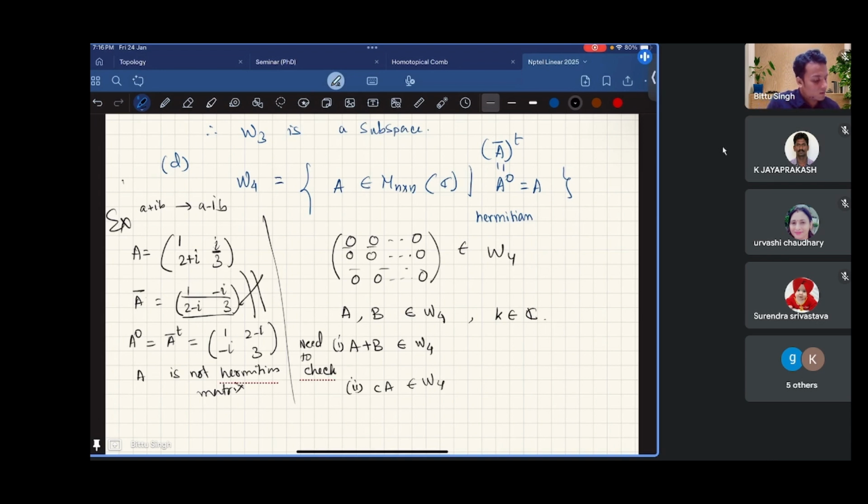We have already said that checking those two things is equivalent to checking K A plus B belongs to W4. So we can check one of the things, whichever is easier for you, just check any of these conditions.